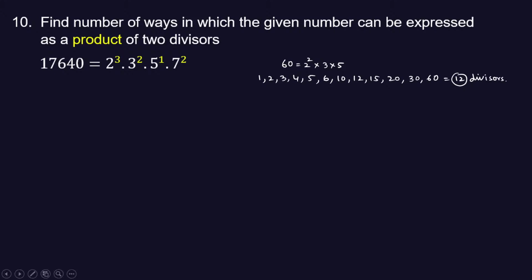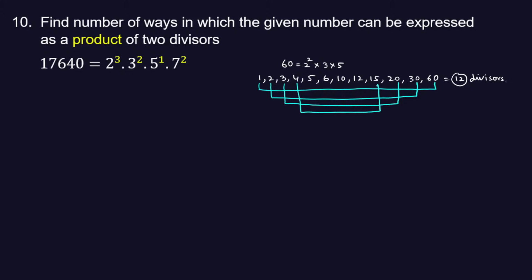Now I have to write this 60 as a product of two divisors. If I multiply 1 with 60, you are going to get 60. If I multiply 2 with 30, you are going to have 60 again. Again, 60 can be written as 3 into 20, 4 into 15, 5 into 12, and 6 into 10.